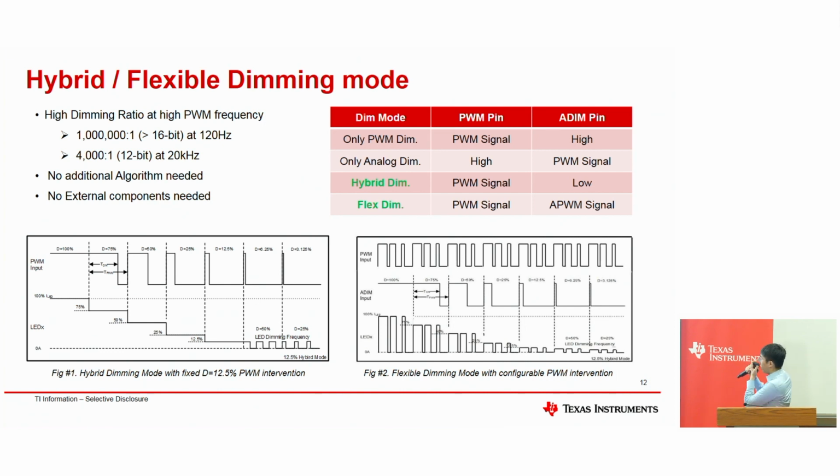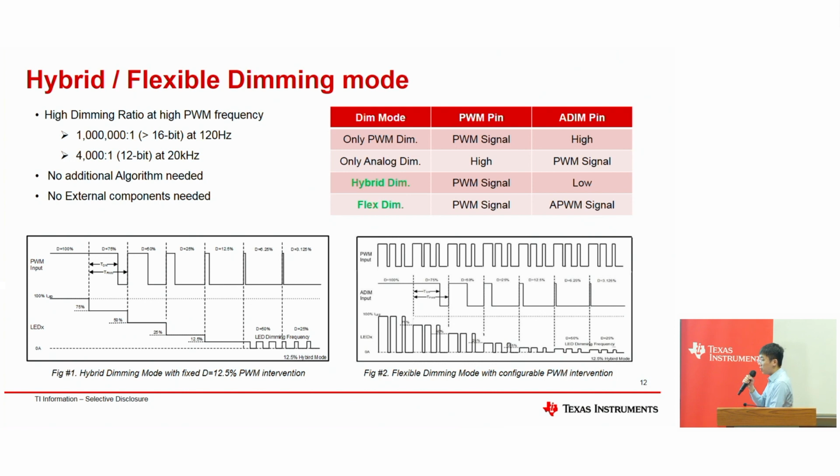You can see Figure 2 is an example of the waveform. When the PWM duty cycle is above 12.5%, we use the analog dimming, which is the internal DAC. When the PWM duty cycle you're inserting is smaller than 12.5%, we automatically switch to PWM dimming. This control scheme also improves the analog dimming when the output current is really low, for example 10 microamperes or 5 microamperes.